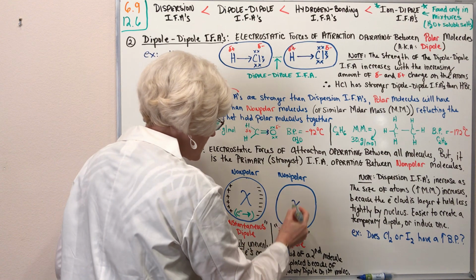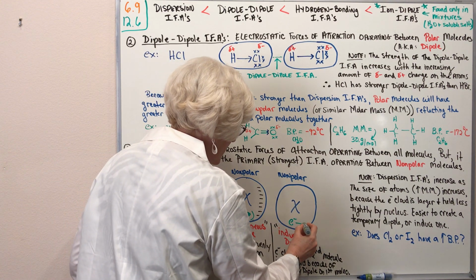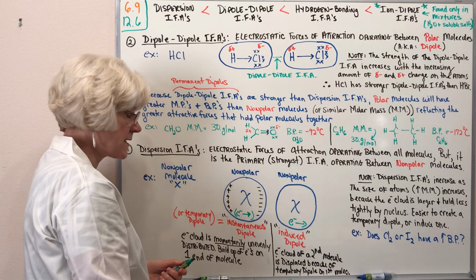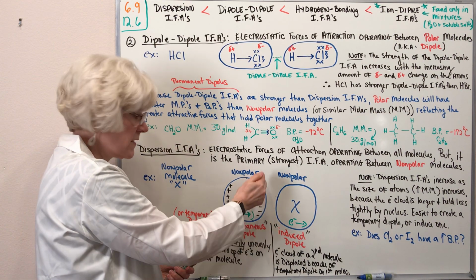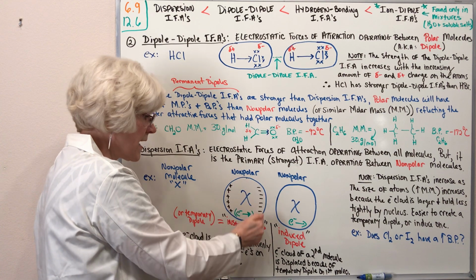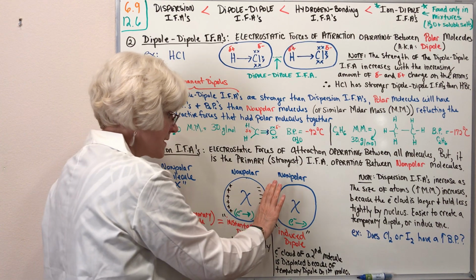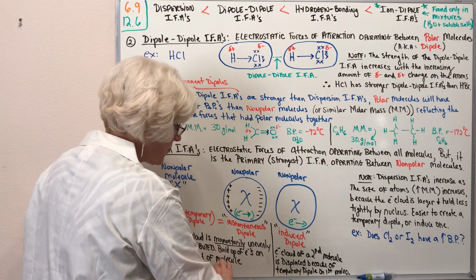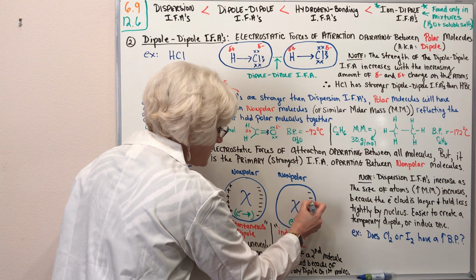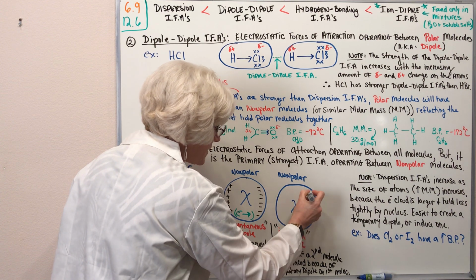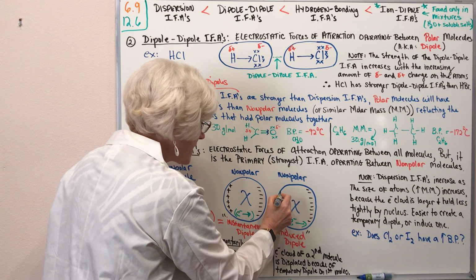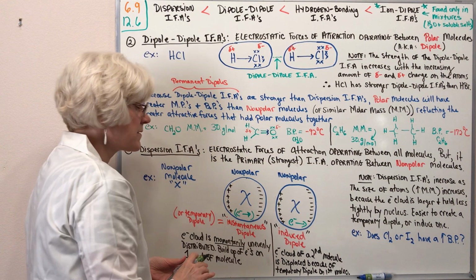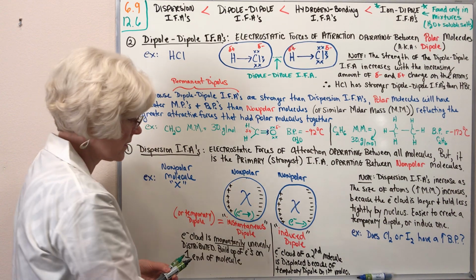So we would anticipate that the electron cloud would be shoved aside in the second nonpolar X molecule because of the buildup of electron density on this end of the first molecule. So we're going to see electrons being displaced in the second molecule. So that means we have a buildup of electron density here and an exposure of the partial positive charge of the nuclei on this left end of the molecule.